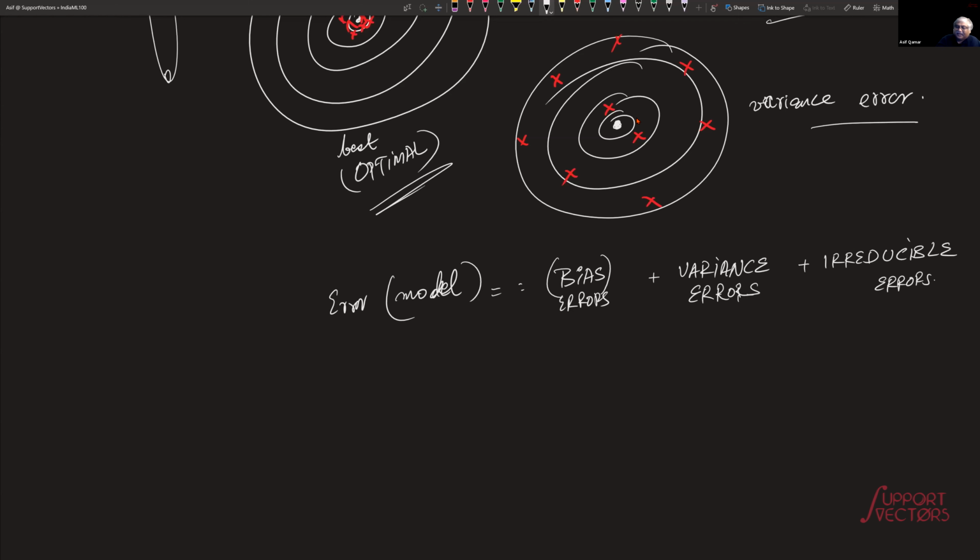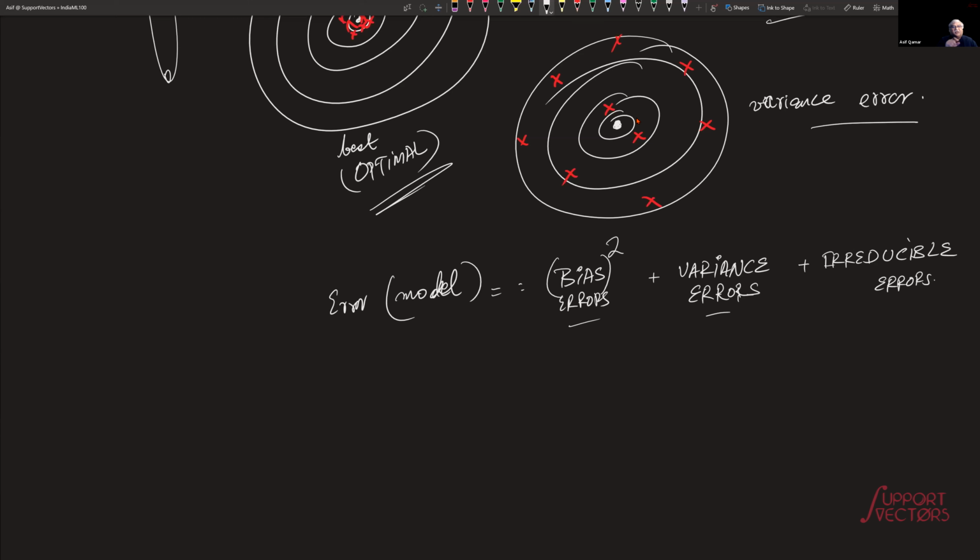Now for bias, for a little bit of a technical reason, the formula for bias is actually bias squared. But ignore the square. It's basically bias errors, variance errors, and irreducible errors. So we talked about bias errors, we talked about variance errors.